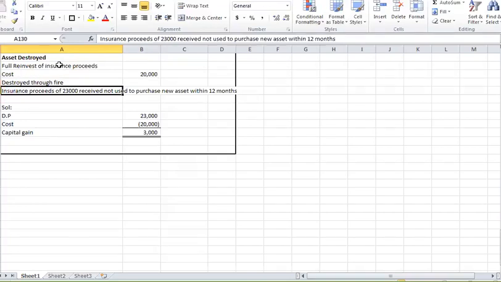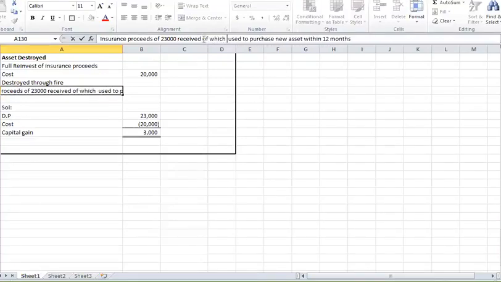Insurance proceeds of 23,000 pounds have been received, and a new asset purchased for 24,000 pounds within 12 months.